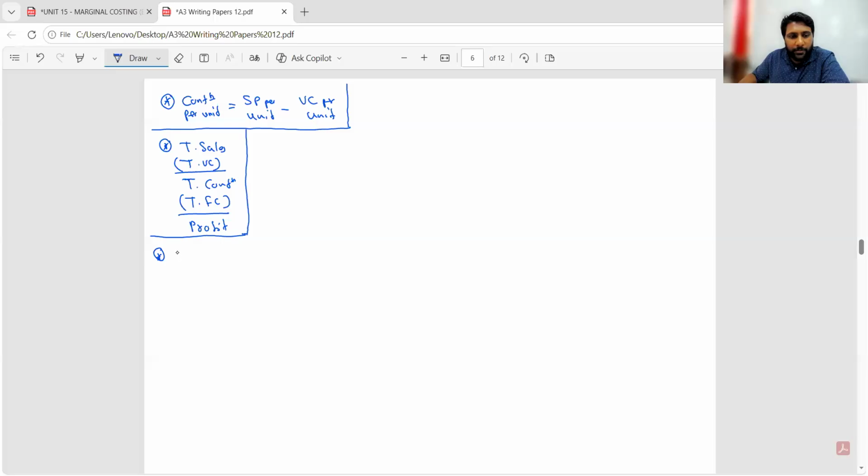Next up. Break even point quantity: total fixed cost divided by the contribution per unit.